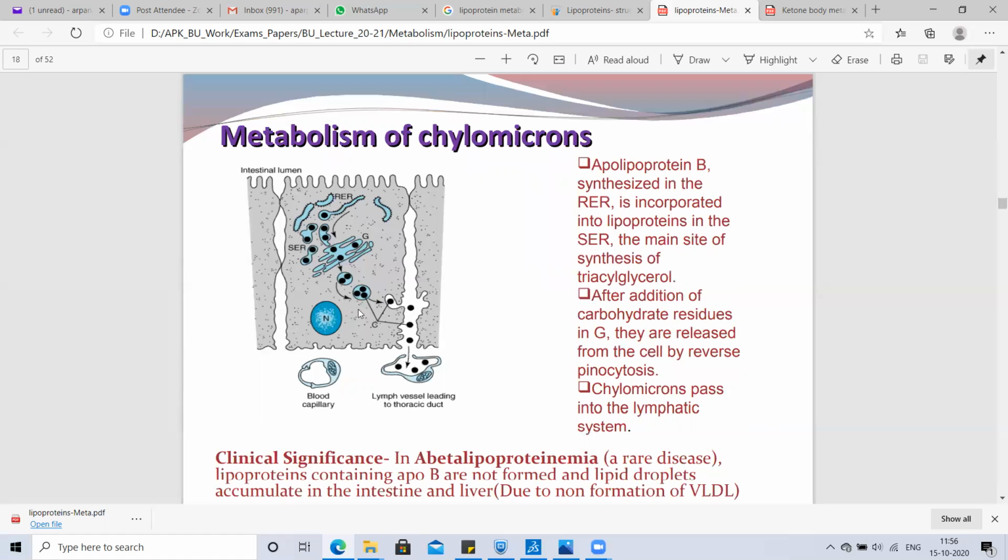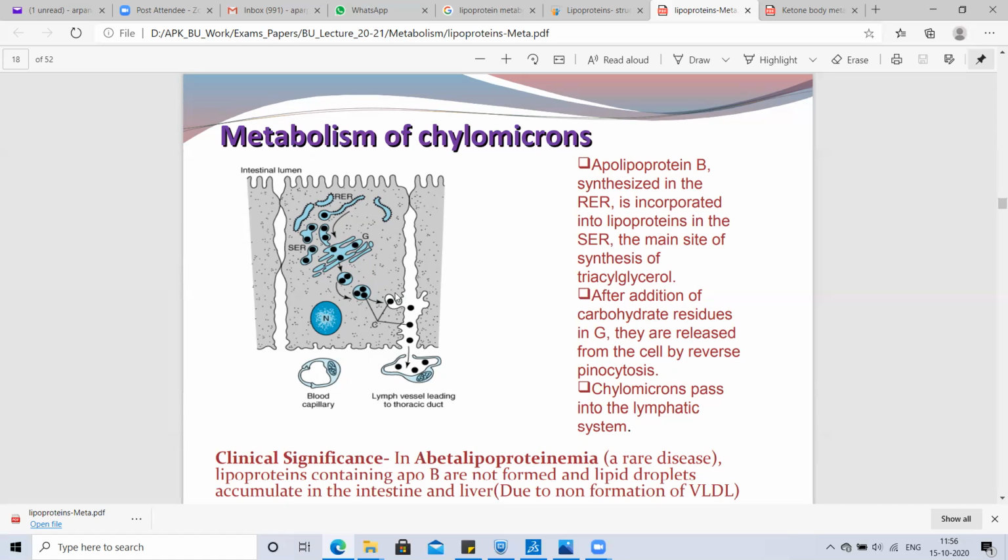In this flow chart, you can see this is the intestinal lumen. Here are blood vessels and lymph vessels leading to the thoracic duct. In the rough endoplasmic reticulum and smooth endoplasmic reticulum, protein synthesis occurs in the RER, and in the intestine ApoB48 gets synthesized in the RER and is transported via the Golgi complex.